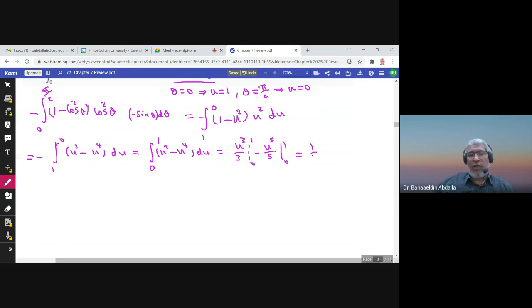So 1 over 3 minus 0 minus 1 over 5 minus 0, so 1 over 3 minus 1 over 5. You just add the two fractions and you will get 2 over 15. That's the answer.